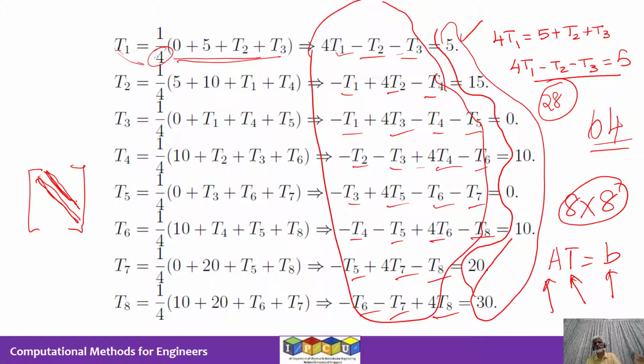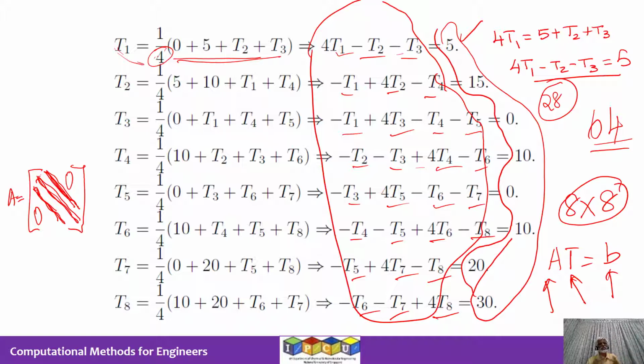That will comprise of typically numbers like -1. And the subdiagonal, which is one below the main diagonal, you will have again numbers like -1. So the non-zero entries of A will be all in the diagonal or in the super diagonal or in the subdiagonal. Other entries will be 0.